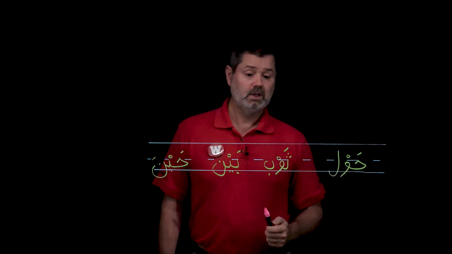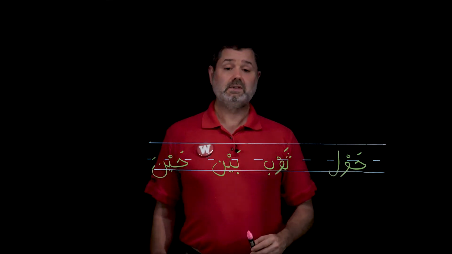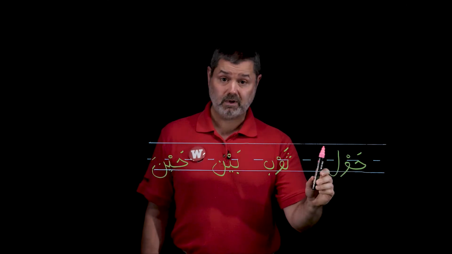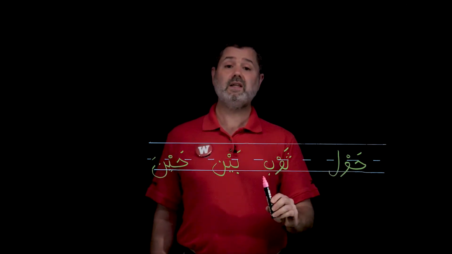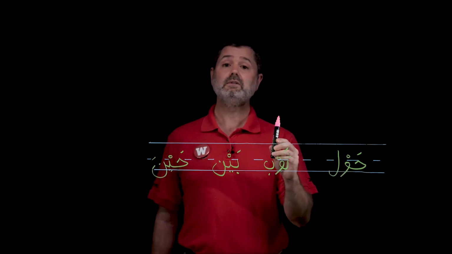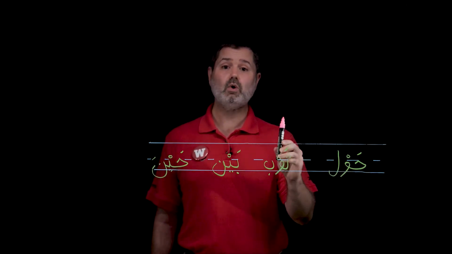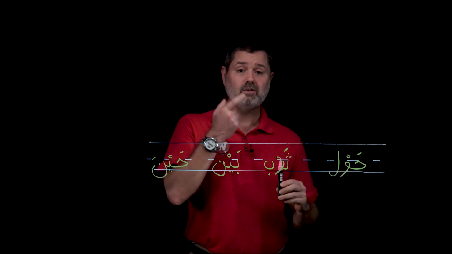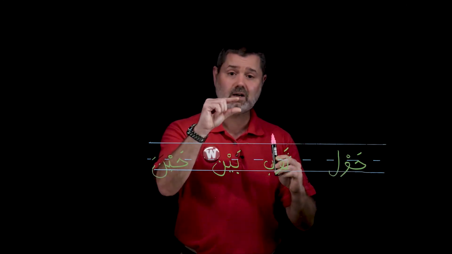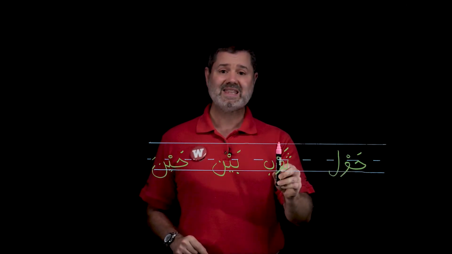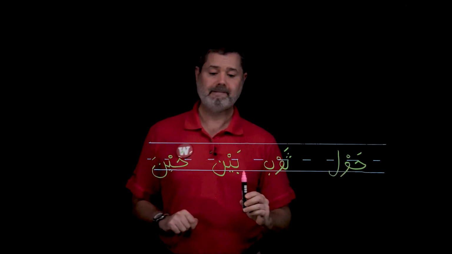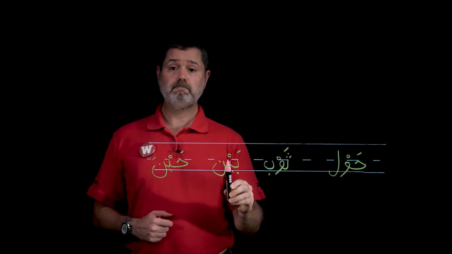How about this one? Same diphthong, correct, with the waw. So we know this letter, we know that letter, we put it all together. Thawb, thawb. And again, if you look at yourself when you say that, you can see this is not a vowel that's held. It's a diphthong. Your mouth's moving. How about this one?